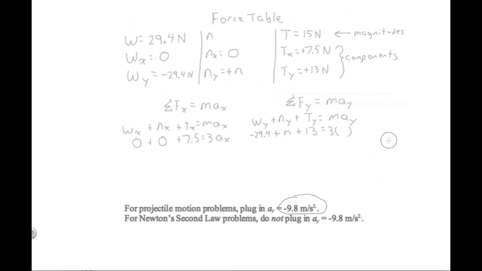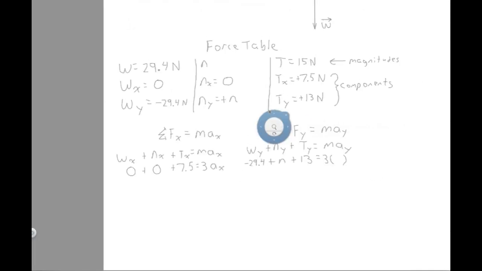So we're not going to plug in negative 9.8 for a sub y, but in fact in this problem there is a specific number that we can plug in for a sub y. Is there anything we can substitute for a sub y? Yes, there is, because we know this object is moving horizontally. So we also know that the object is motionless vertically.